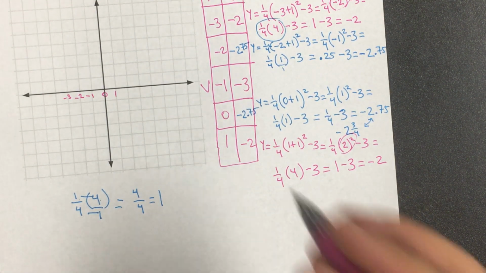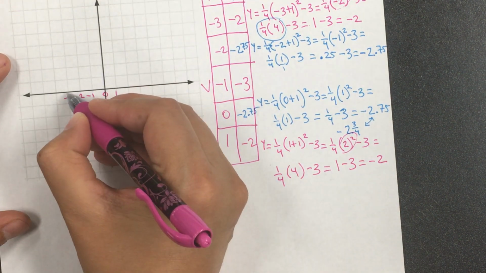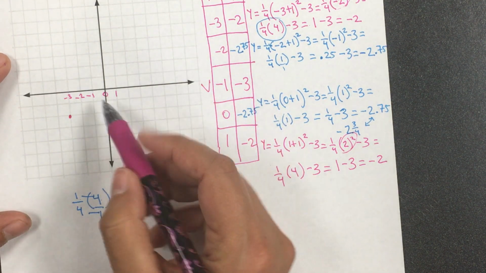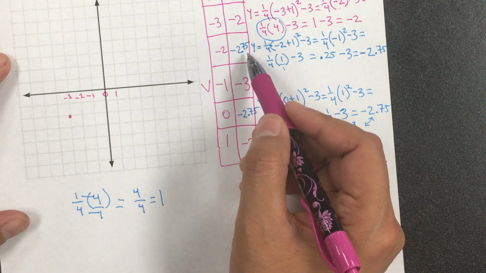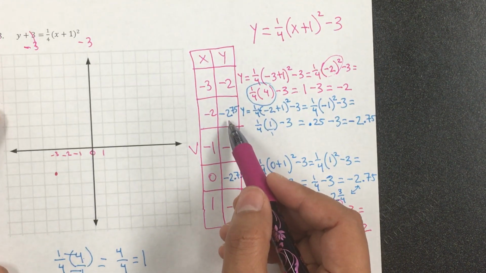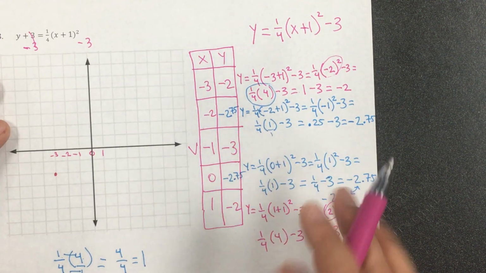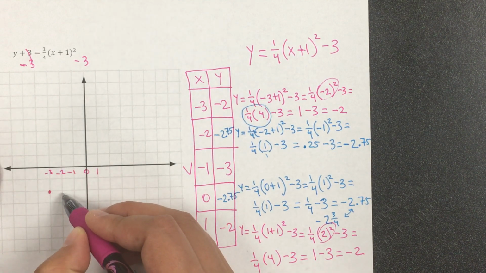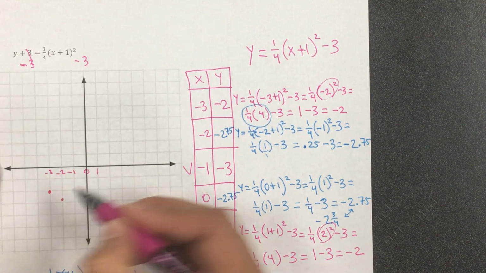So (-3, -2), (-3, -2) right here. The next one is (-2, -2.75). Sorry. So (-2, -2.75). So it's almost 3.